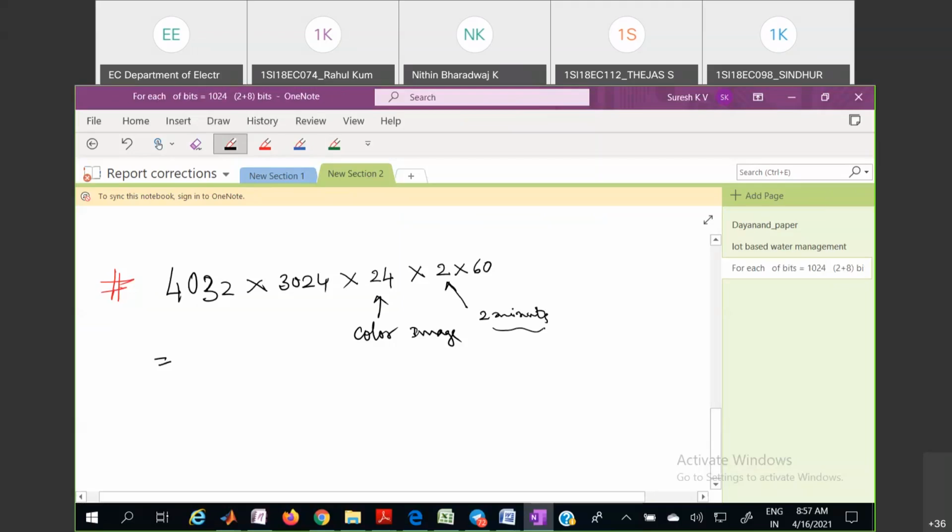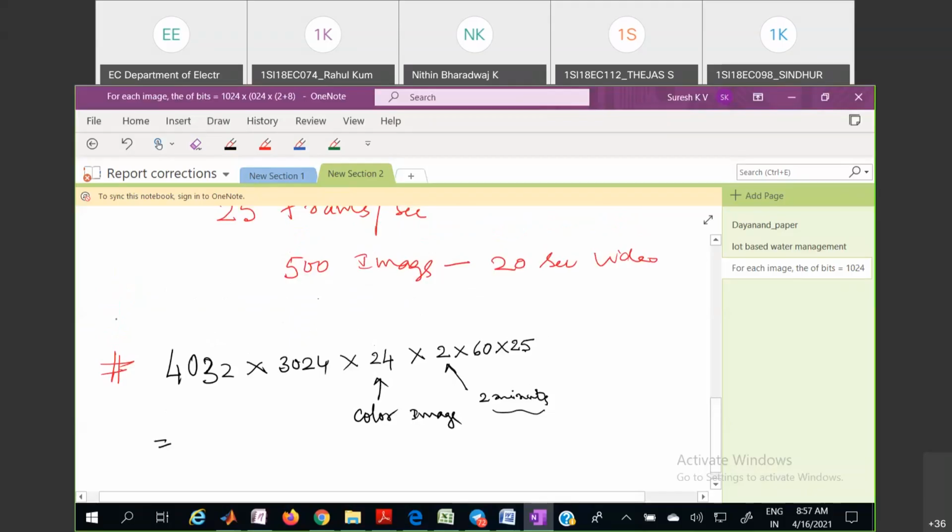Sir, we need to multiply with 25? Oh, sorry. There is one more term, into 25, because each second you will have 25 frames. So 25 frames per second.